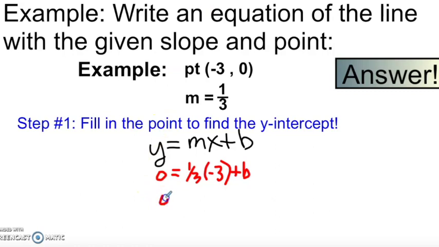So 1/3 times -3 is -1. And now to figure out b, I'm going to add 1 to both sides.